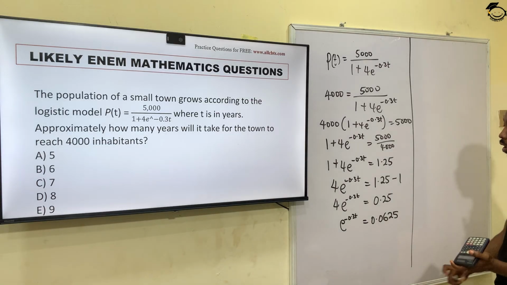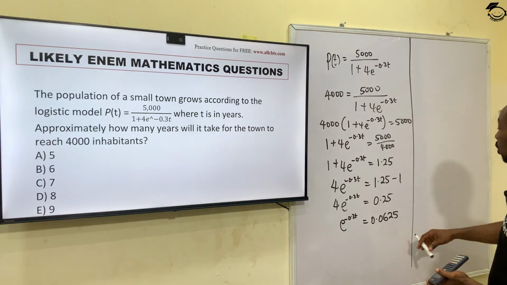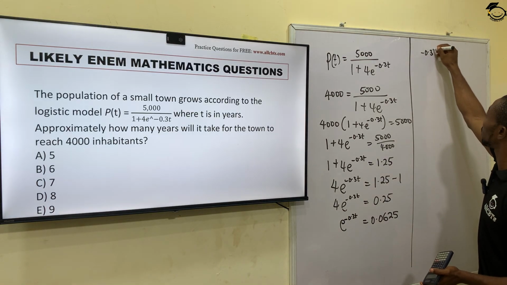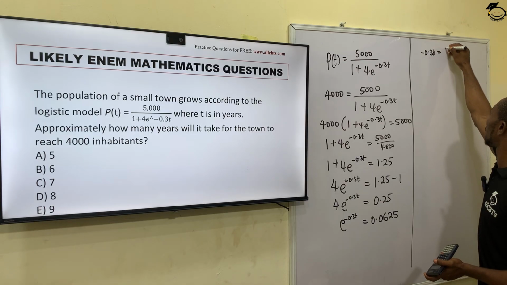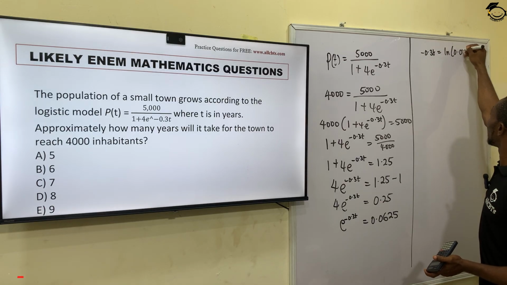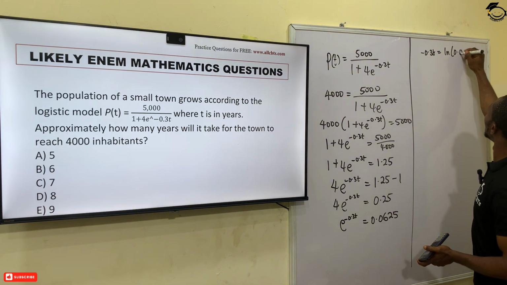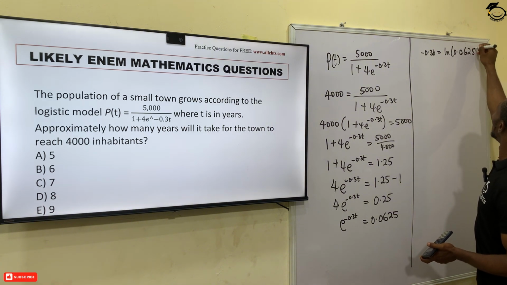So from here, to eliminate this exponential, we'll take the natural log, ln. So this becomes minus 0.3t equals ln of 0.0625.